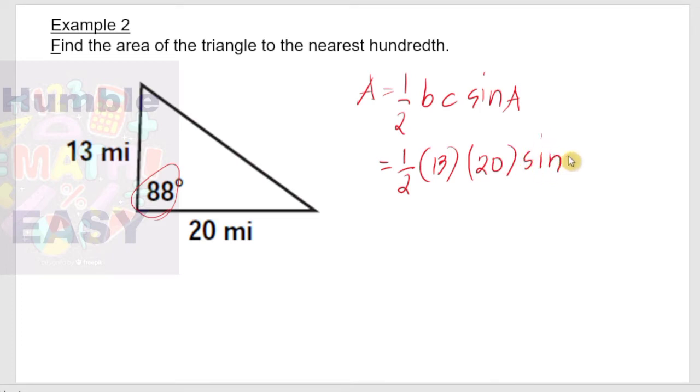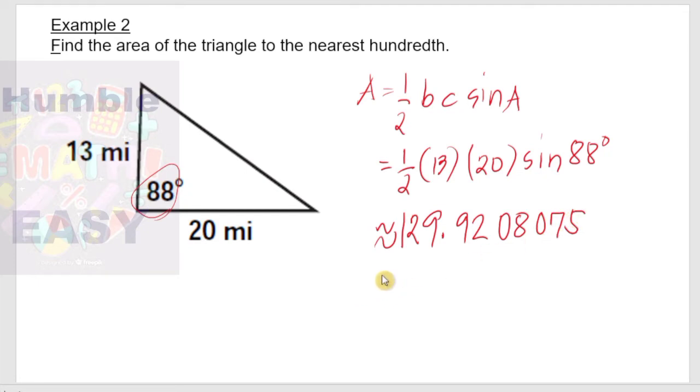So we now have 1/2 times 13 times 20 times sine 88. Make use of your calculator, which again should be in the DEG mode, which is the proper way of getting the value of the answer. And so the answer, if you check the calculator, is 129.9208075.